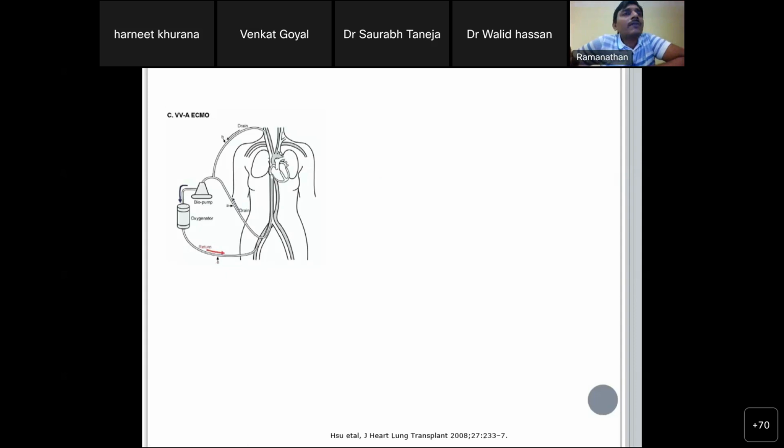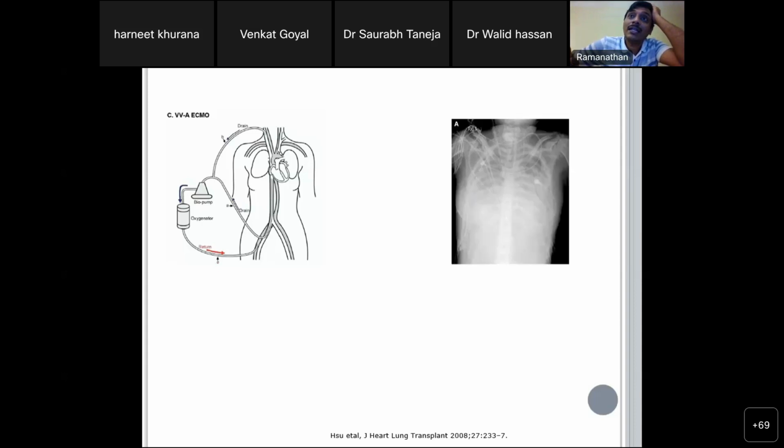Unfortunately, as and when the transplant happened, the patient also developed primary graft dysfunction and hemodynamic instability. So they had to retain this patient on a veno-arterial configuration.